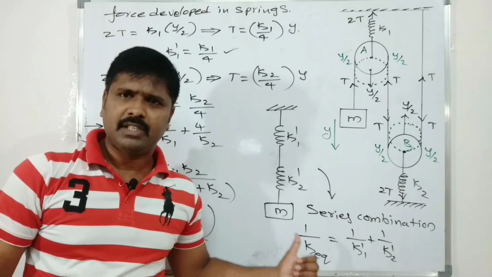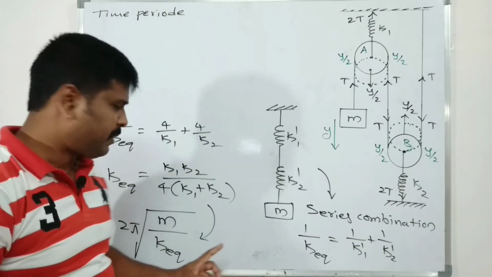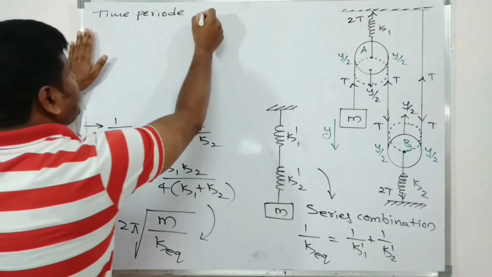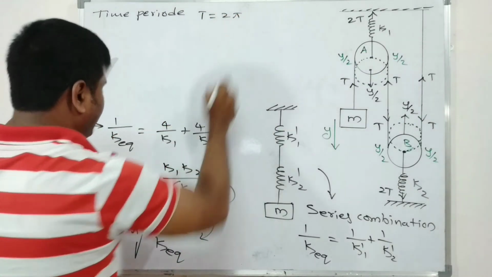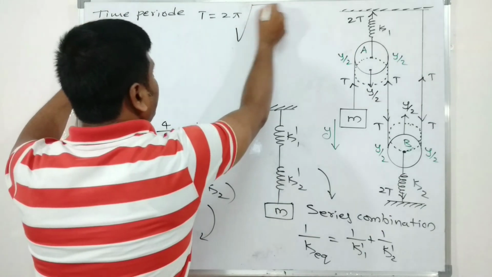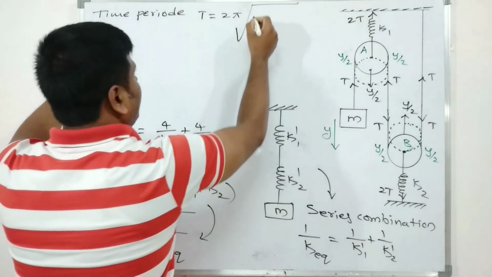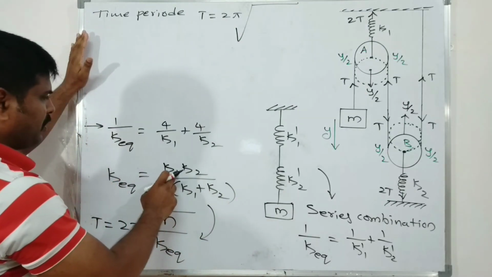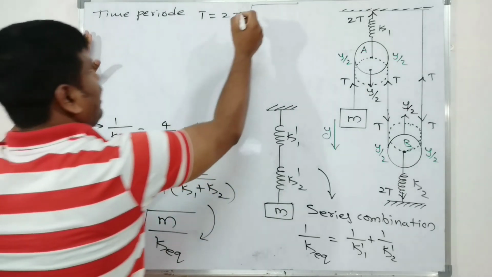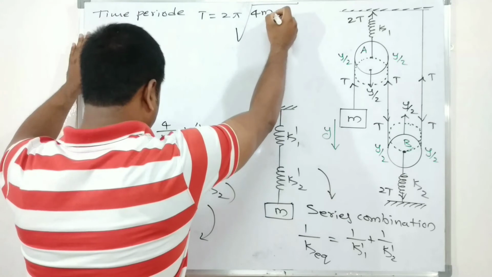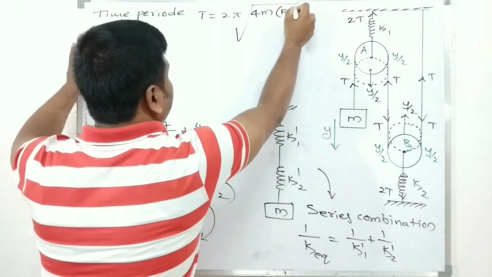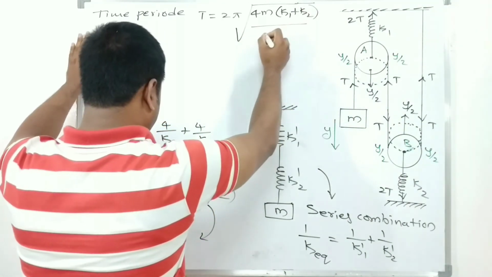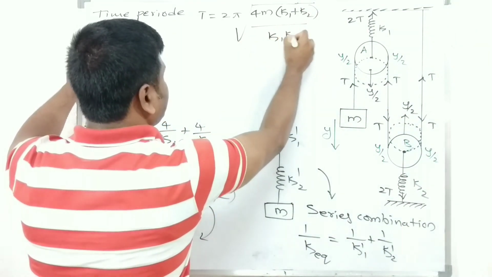Time period T is equal to 2 pi root over 4M into K1 plus K2 divided by K1 into K2.